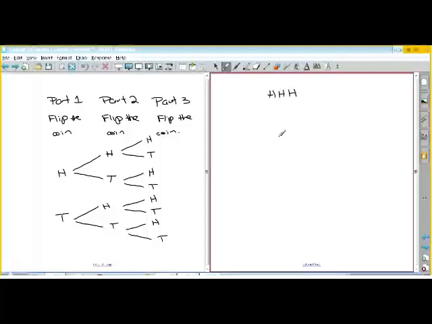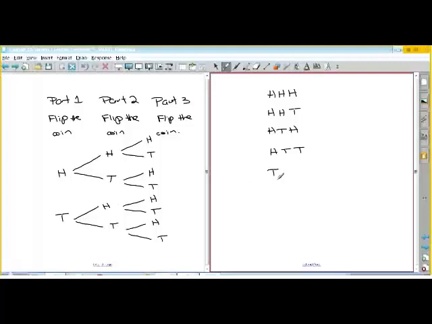So, here is one possible arrangement: heads, heads, heads. And then the next one, I would continue along this branch, but then when I got here, I'd go down instead of going up, so I'd have heads, heads, tails. Then I've already used all of these, so I go now to the next branch further down, so I have heads, tails, heads, and then heads, tails, tails, and then I go down here.